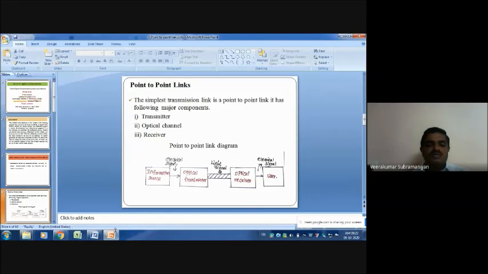By that time, it has certain challenges. After traveling in the fiber optical cable, the light signal has to reach the receiver unit. The receiver unit consists of a few more blocks: the photodetector, amplifier, and the signal processing circuitry. The detector uses diodes like the photodiode, PIN photodiode, and avalanche photodiode.